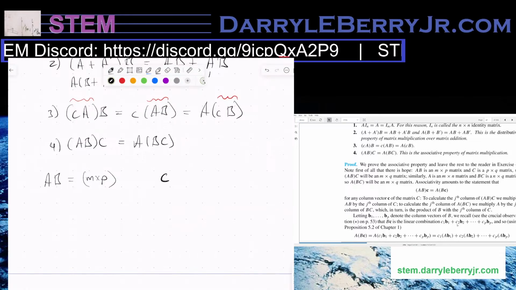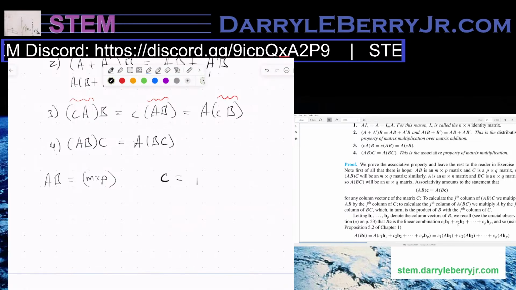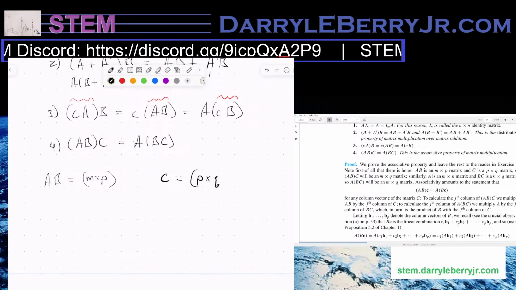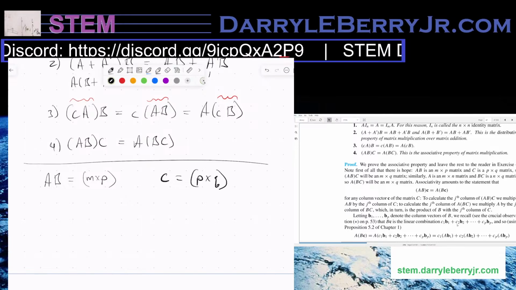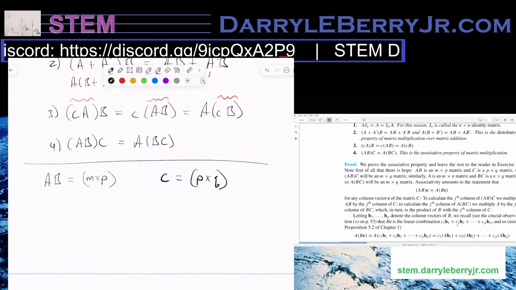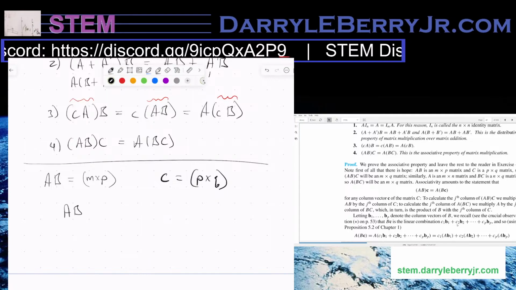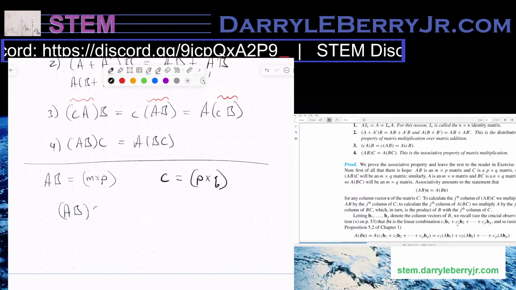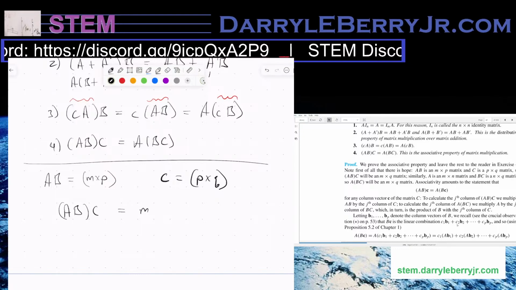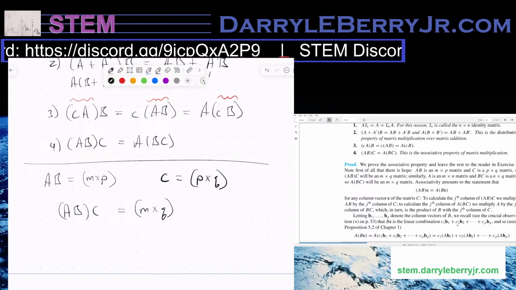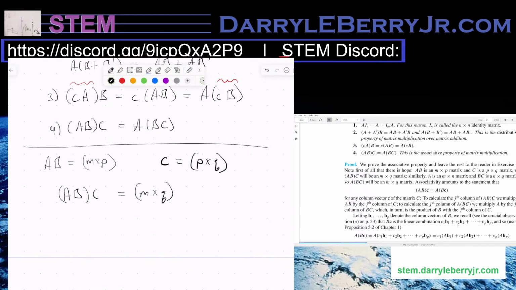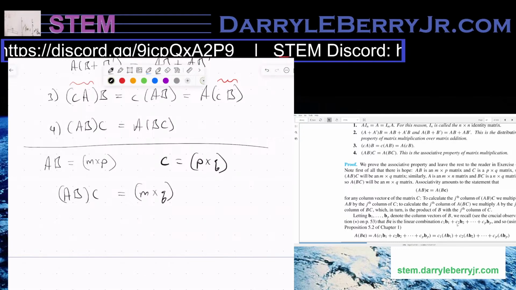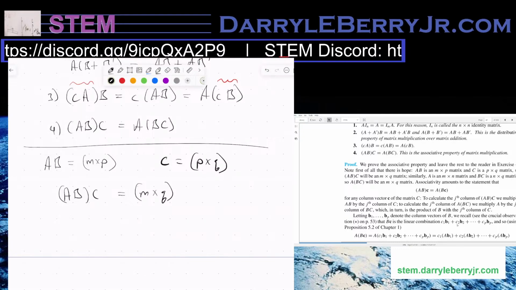And C equals p by q, so they can be multiplied. So (AB)C equals an m by q. Similarly, A is m by n, BC is n by q, so A(BC) is m by q.